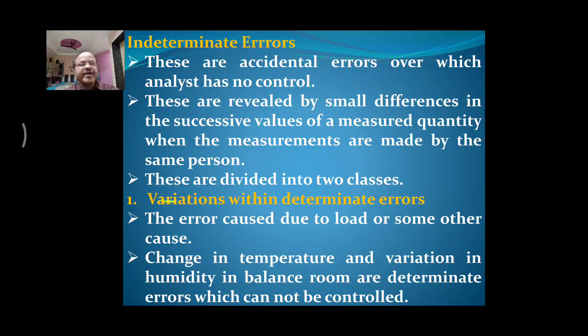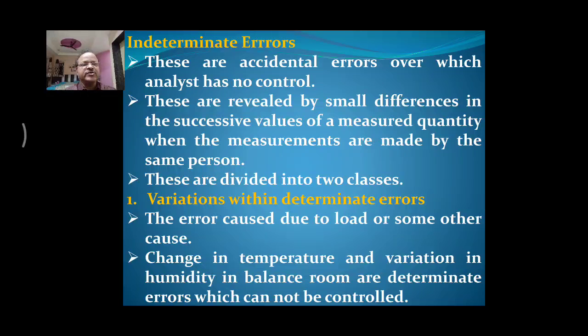The first one is variations within determinate errors. Determinate errors are certain errors which we can manage and correct. But if there is variation in such determinate errors, then that type of error becomes indeterminate error. The error caused due to load or some other cause is considered indeterminate error.